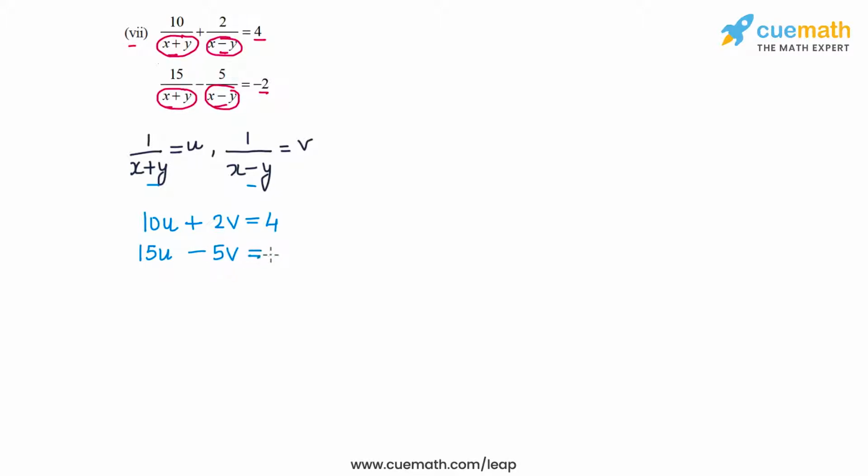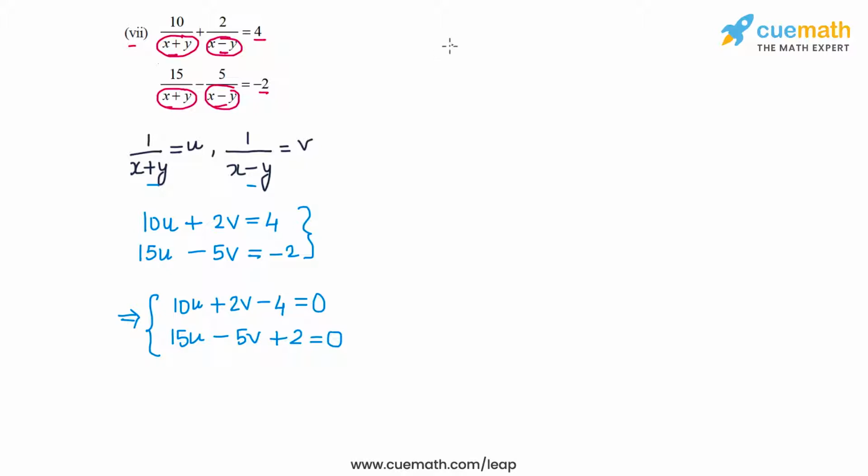This is equal to minus 2. Now this is a pair of linear equations in u and v. Let's solve this pair using the cross multiplication method. So for that, let's write this in the standard form: 10u plus 2v minus 4 equal to 0, and 15u minus 5v plus 2 equal to 0.